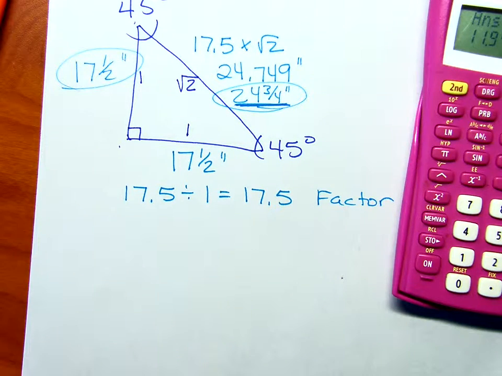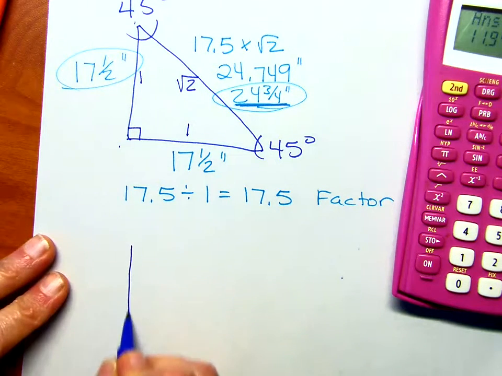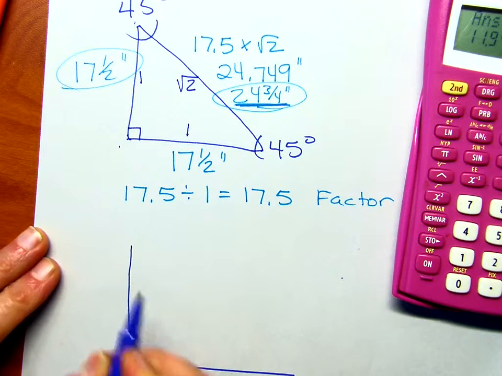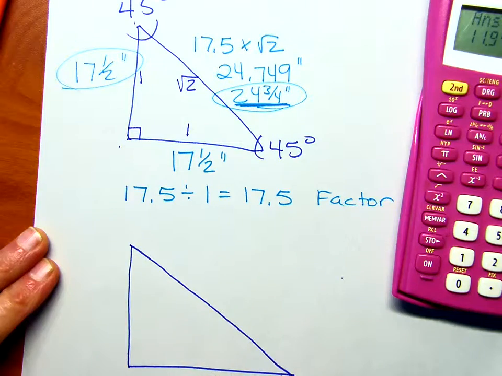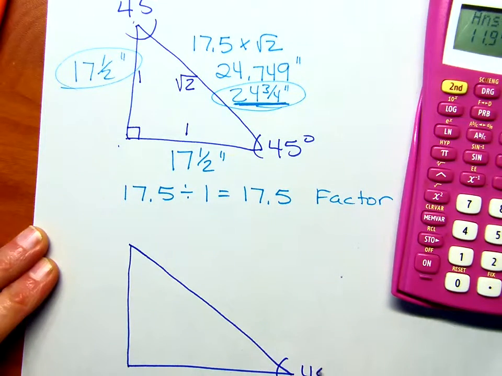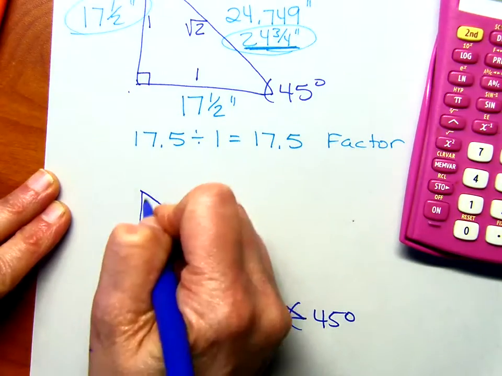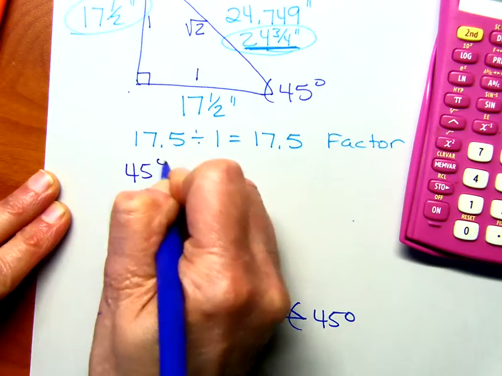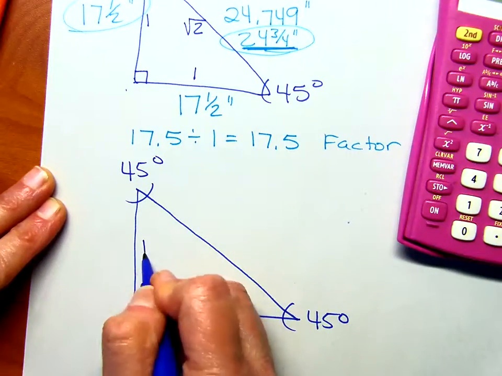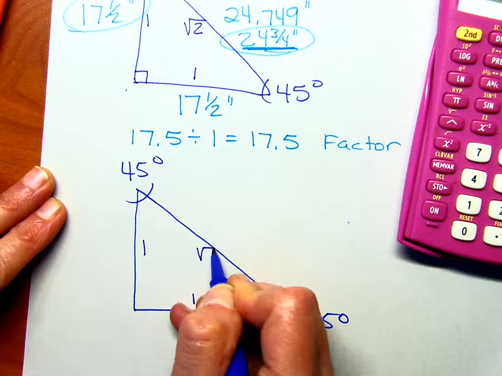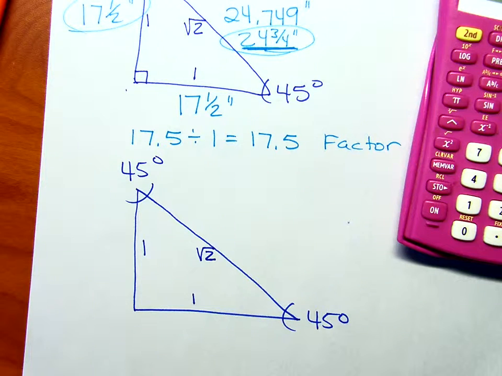So let's go ahead and do a problem in which you have the hypotenuse, but we're going to find the A and the B side. So again, I'm going to draw a picture to represent my new problem and write in the relationship of the sides on the inside, and then the given information on the outside.